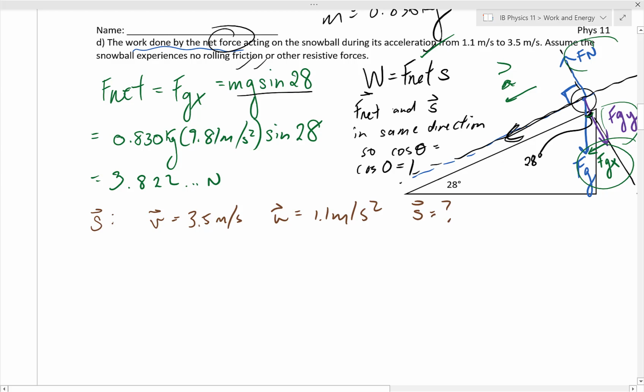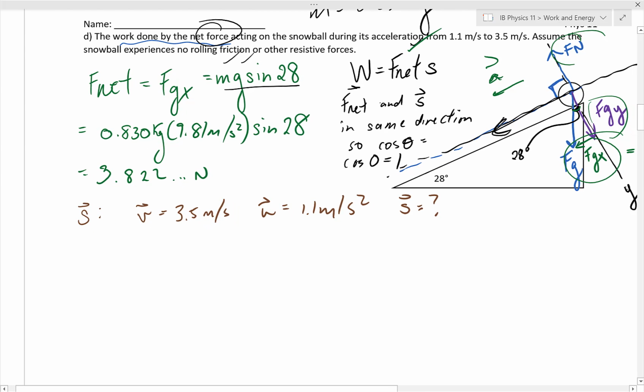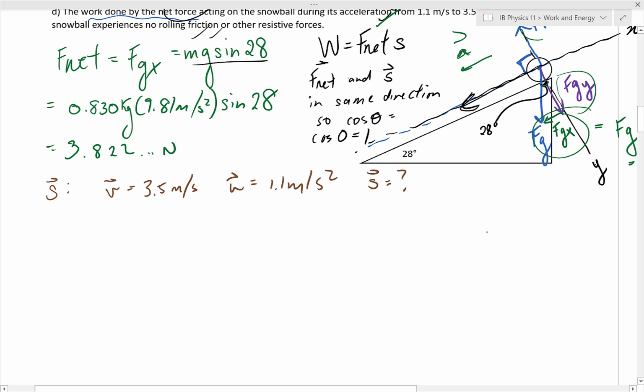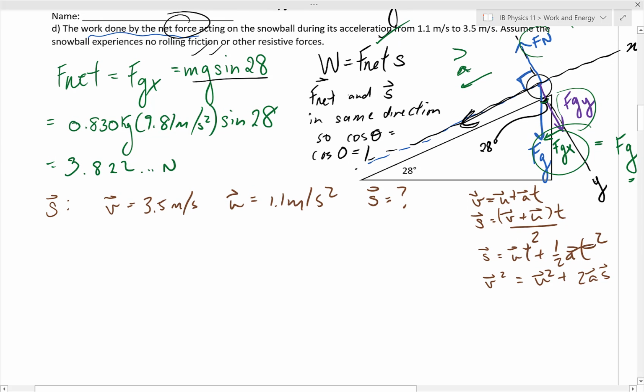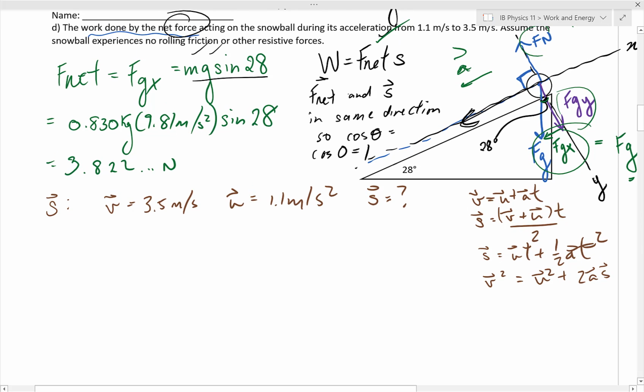To get displacement, we either need time or the acceleration, because we can then use one of our kinematics equations to solve that. I can quickly write them down here for your convenience. It's going to be quite difficult to obtain the time because we will need acceleration, which we don't have. But we can get acceleration.